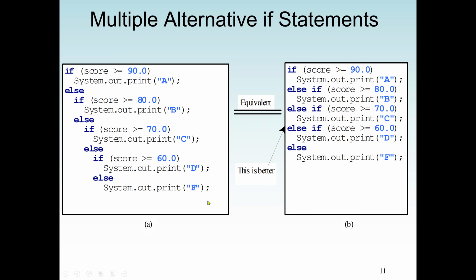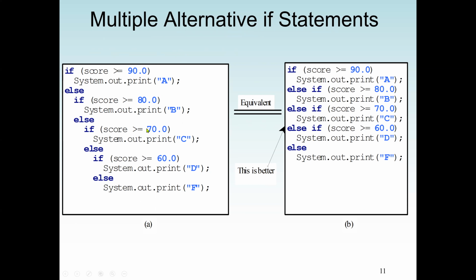It will always print. And this means if the score is, let's say, 92, then it will print A. It will not check the rest of the statements anymore. But if I use if, let's say, if score is greater than or equal to 90, A, if score is greater than or equal to 80, B, and there's no else, what will happen is that if A is correct, let's say the score was 92, it's still going to check for score greater than or equal to 80.